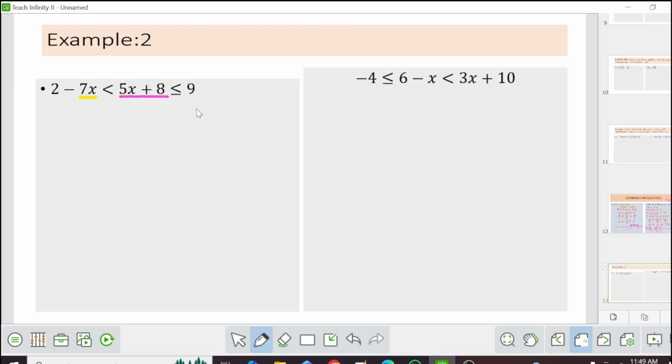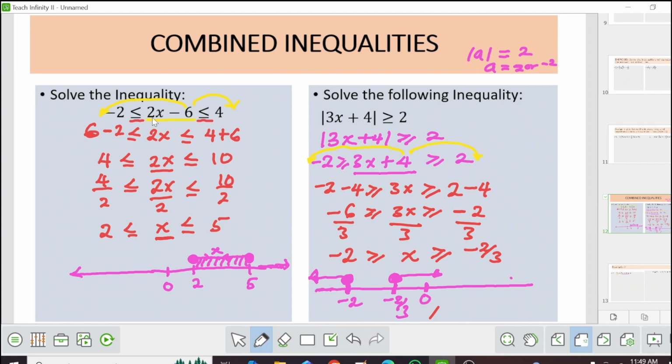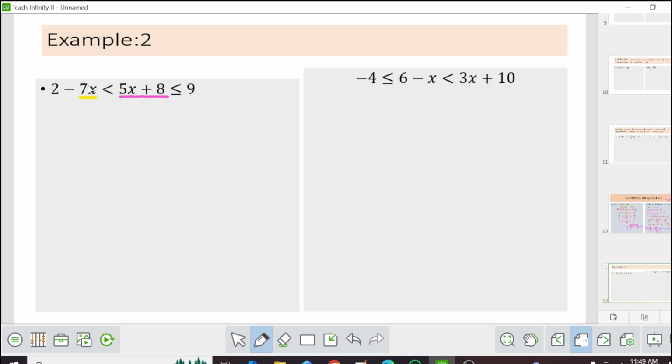Please look at the scenario critically, because why I'm bringing this type of question is this: whenever a variable is concentrated at the center, like I had previously, the rest is just a constant. That means the variable has a share that can be distributed to either side of the inequality. But in this situation, when you have another variable outside the inequality on the other side, you cannot force it inside.